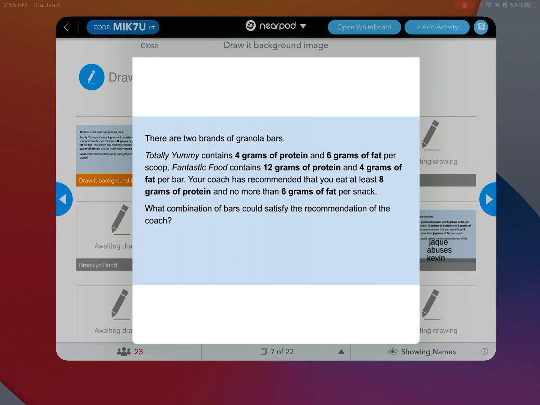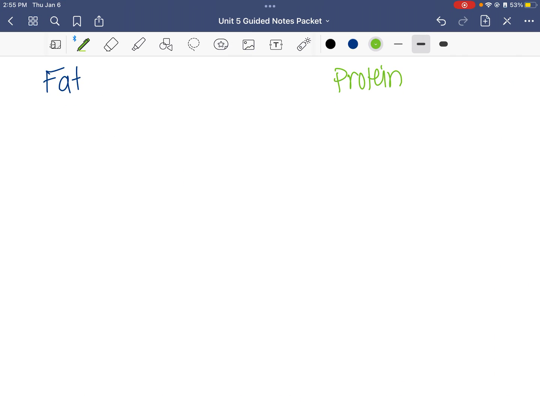Okay. So we know that for the fats, Totally Yummy, I'm going to call it TY, has 6 grams of fat per granola bar.